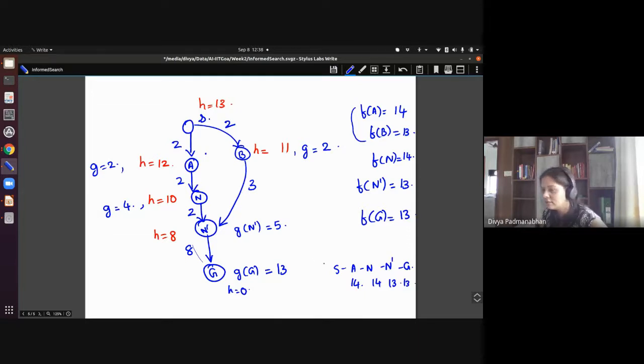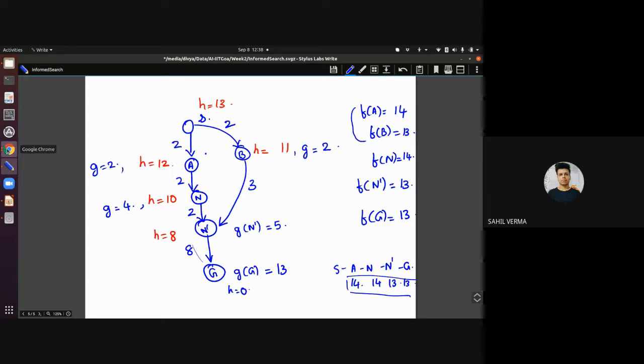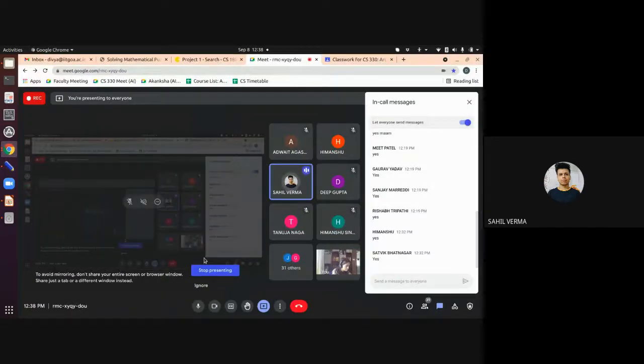So there is an issue here. It's not going to increase throughout this path. Do you see the issue? But why are we taking the path like that? Why are we going to state A from state S?